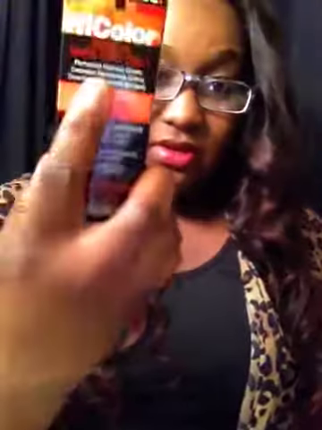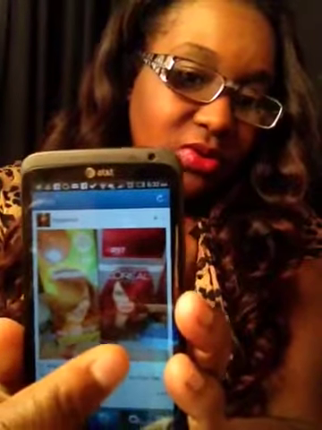I went ahead and re-dyed the hair the same way as before, putting the red on the tips again, and then the L'Oreal R57 Power Reds throughout the rest of the hair.